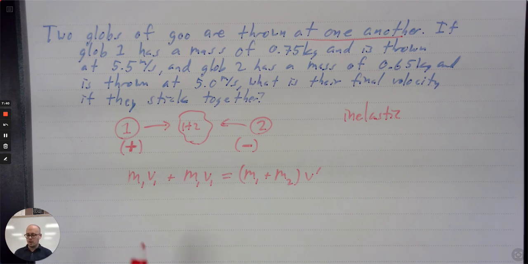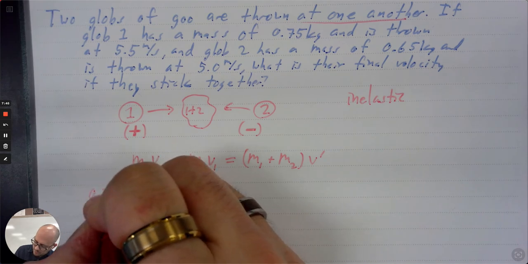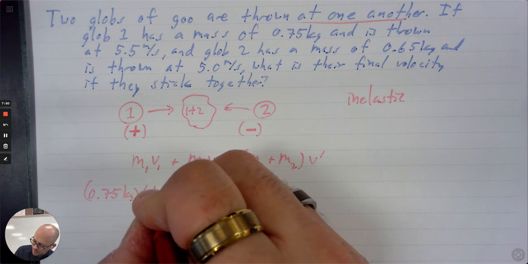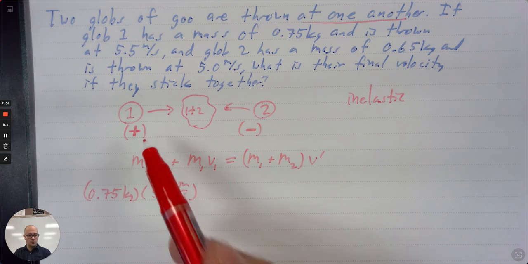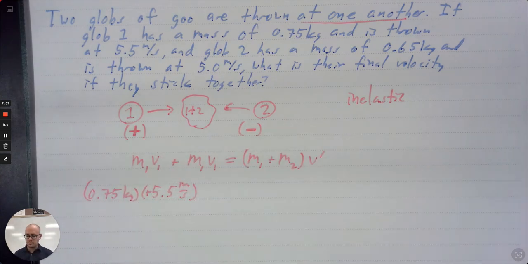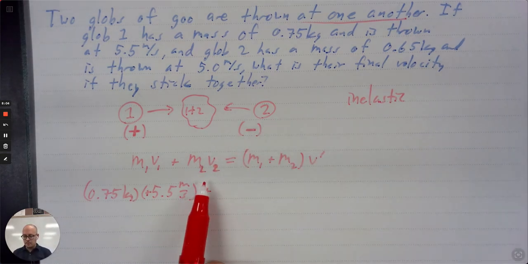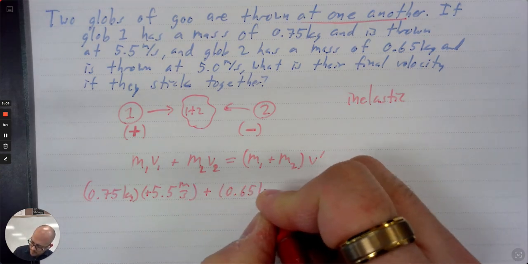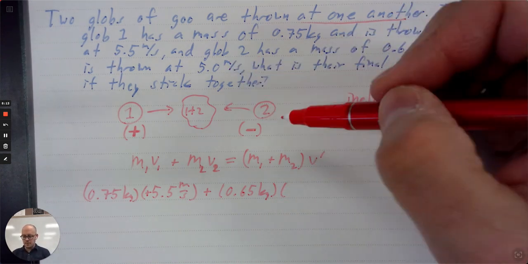Okay, so glob of goo number 1 has a mass of 0.75 kilograms and a velocity of 5.5 meters per second. Glob of goo number 1 was moving in the positive direction, so you don't have to write it in, but I'm going to put a positive next to 5.5. For glob of goo number 2, it has a mass of 0.65 kilograms, and it's moving at 5 meters per second, but it's moving to the left.